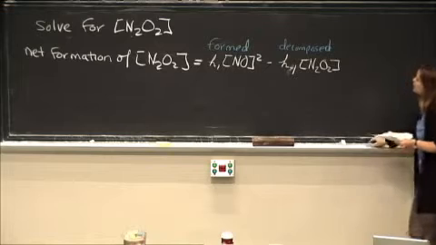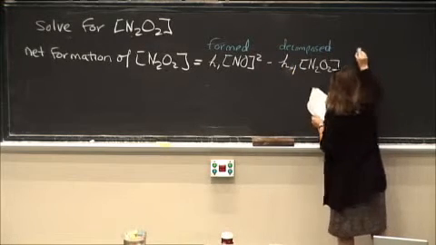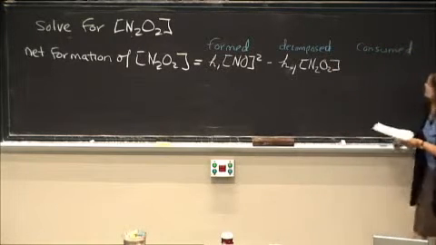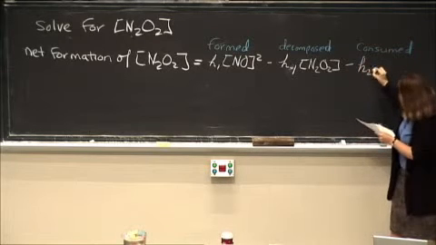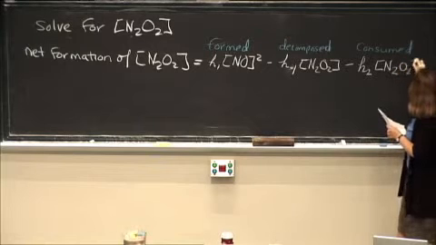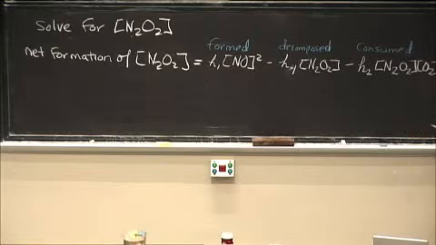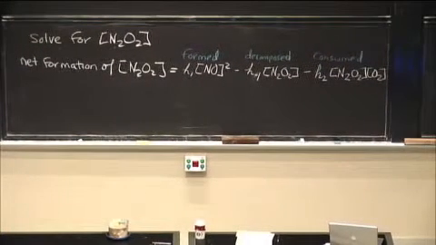And then we also want to think about the rate at which it's consumed. And it's consumed in the second step. So that's K2 times the concentration of the intermediate times the concentration of O2. So that's the net formation.